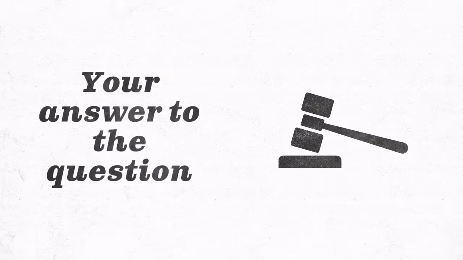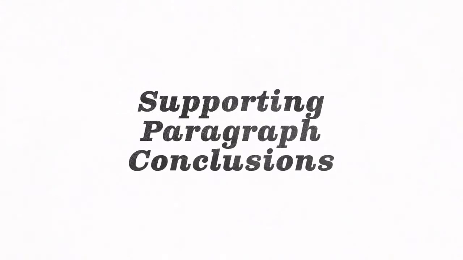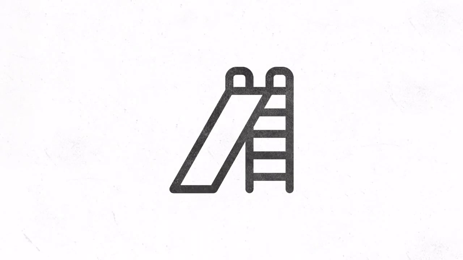Once you've done that, you as clearly as possible answer the question you've just referred to. It should almost feel like a call and response. Then you remind the reader of the conclusions you came up in your supporting paragraphs. These should not be long, detailed, exact replicas. In fact, they should be relatively short and concise.